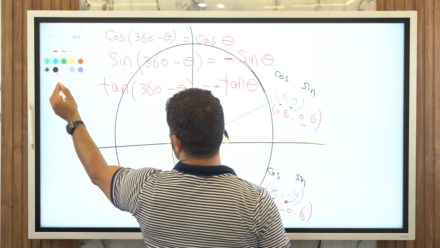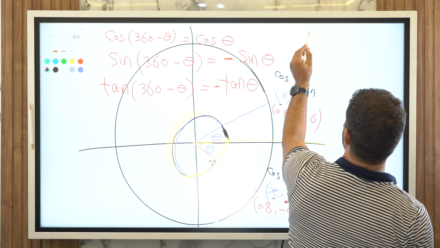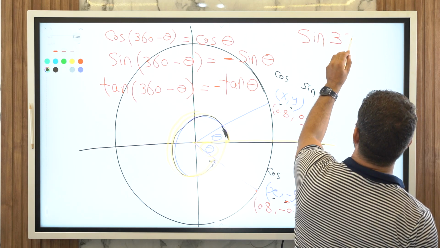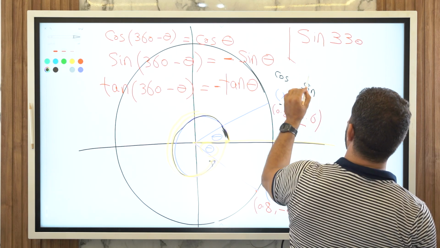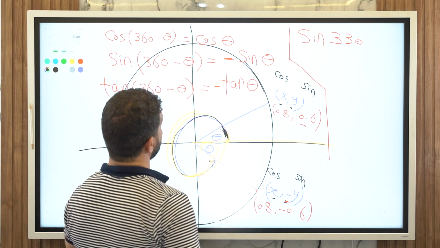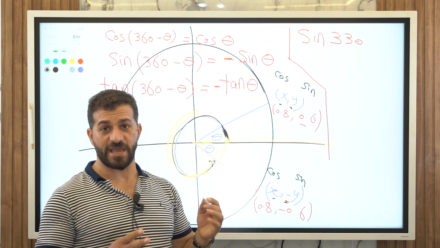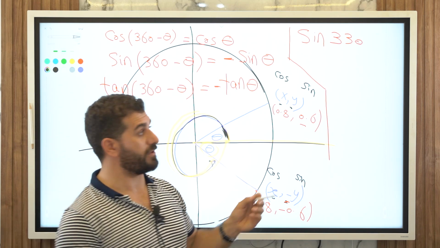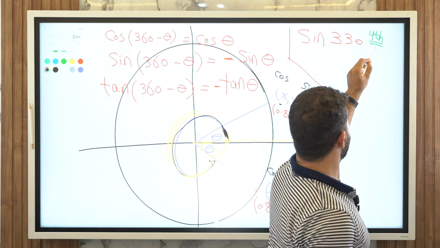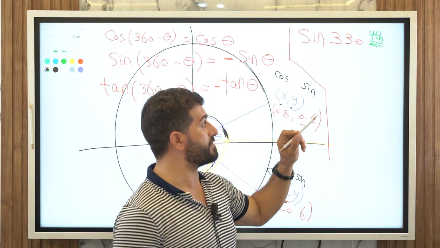What about tan? So tan 360 minus theta is going to be equal to negative tan theta. Let's take an example. If I asked you about, let's say, sine 330. First of all, this angle 330 lies in the fourth quadrant. And the sign of sine in the fourth quadrant is negative.